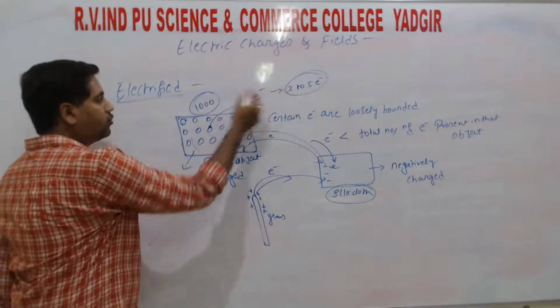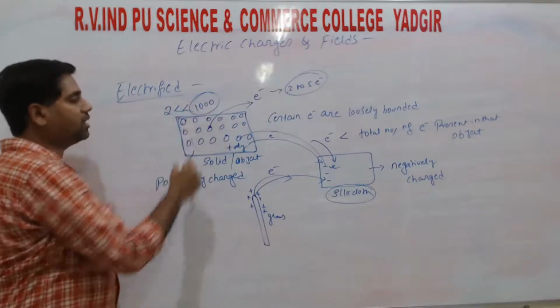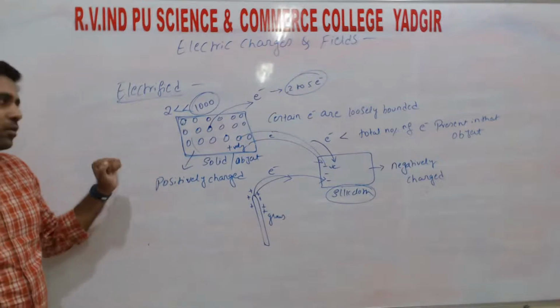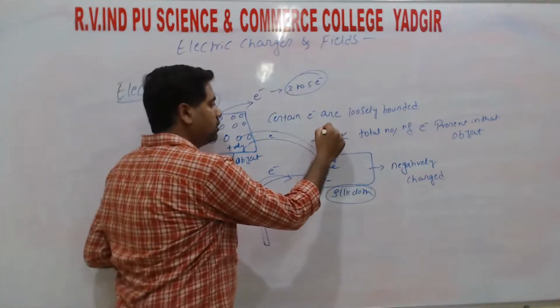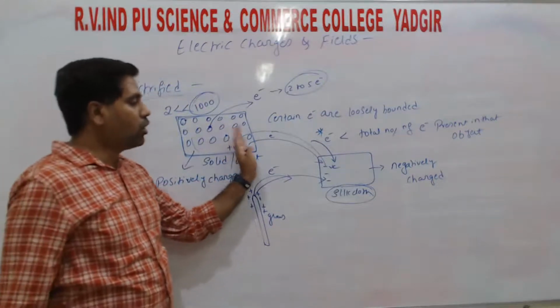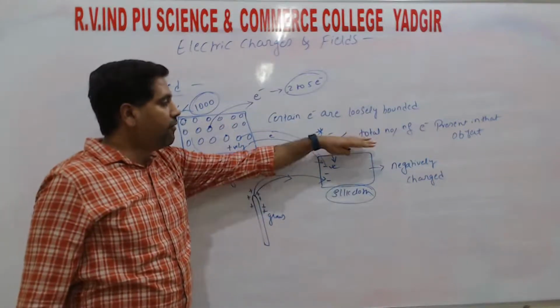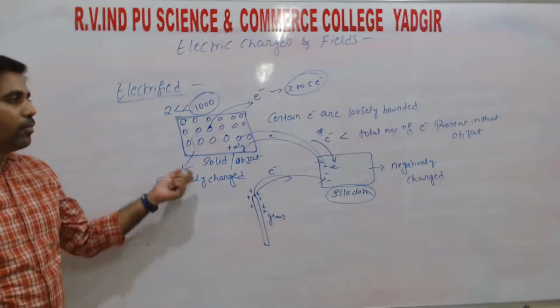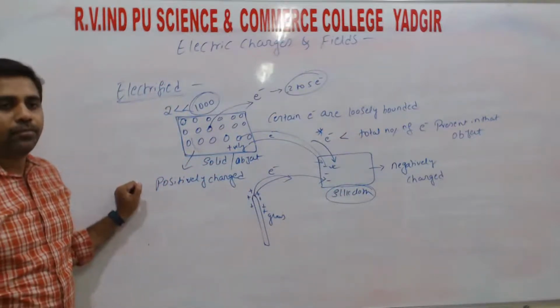If we compare these two, 2 is very much less than the total number of electrons present in the object. So this one is to remember: the number of electrons transferring from one object to another is very much less than the total number of electrons present in that object, right?